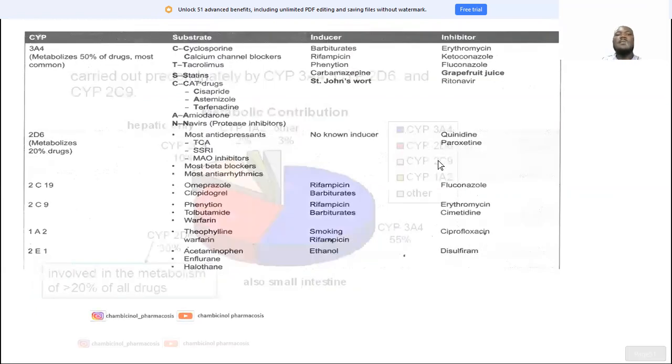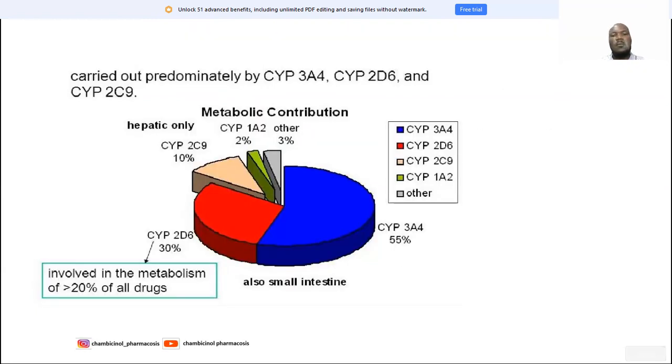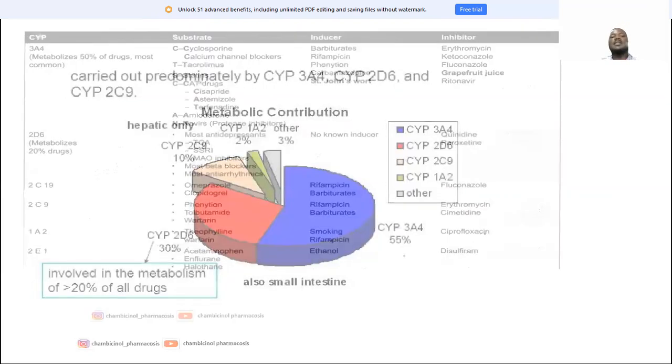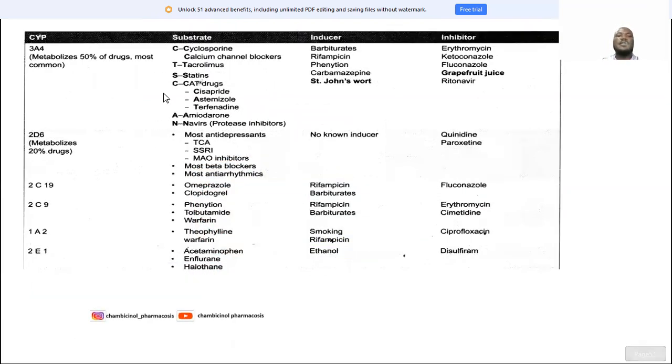Because these are microsomal enzymes involved in this metabolism, this enzyme can be induced. There is a special set of substrates that are metabolized by these enzymes. As you can see here, this is the list of the substrates, and this enzyme can be induced or it can be inhibited. So there are some special drugs that can induce this process or facilitate the substrate to be metabolized by activating the enzyme or increasing the synthesis of the microsomal enzymes.